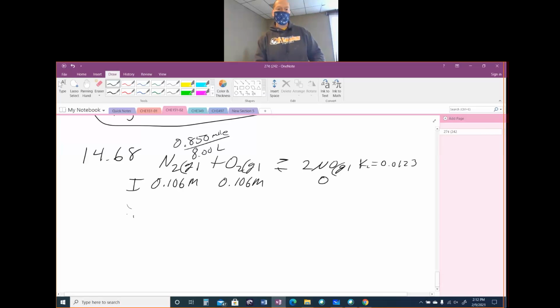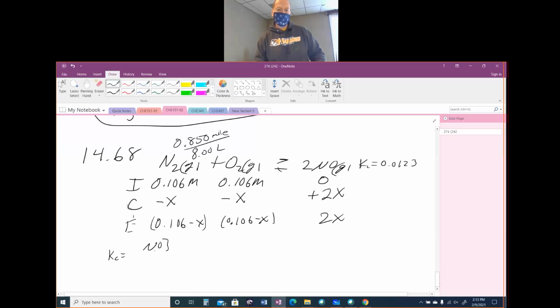It is 0, and so it has to go to the right, minus the coefficient of 1x, minus the coefficient of 1x, plus the coefficient of 2x. So at equilibrium, we have 0.106 minus x, 0.106 minus x, and we have 2x. Our expression for Kc, NO is squared, N2, and O2.